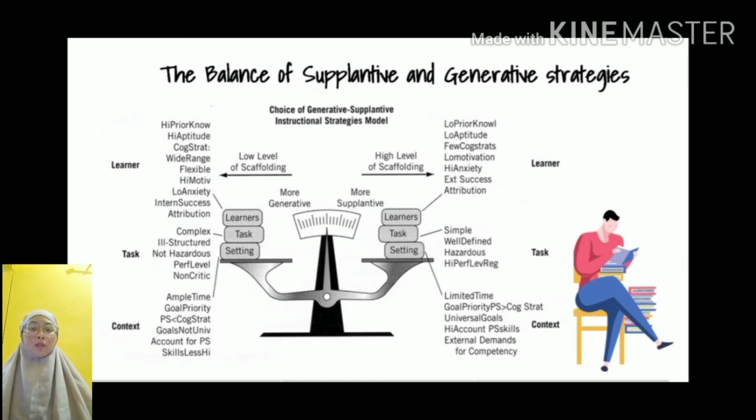It is important to note that instruction on both ends of the supplantive-generative continuum, as well as combinations in between, can first lead to personal interpretations of knowledge. The second is involve high levels of activity on the learner's part. The third is be interesting, relevant, and motivating.